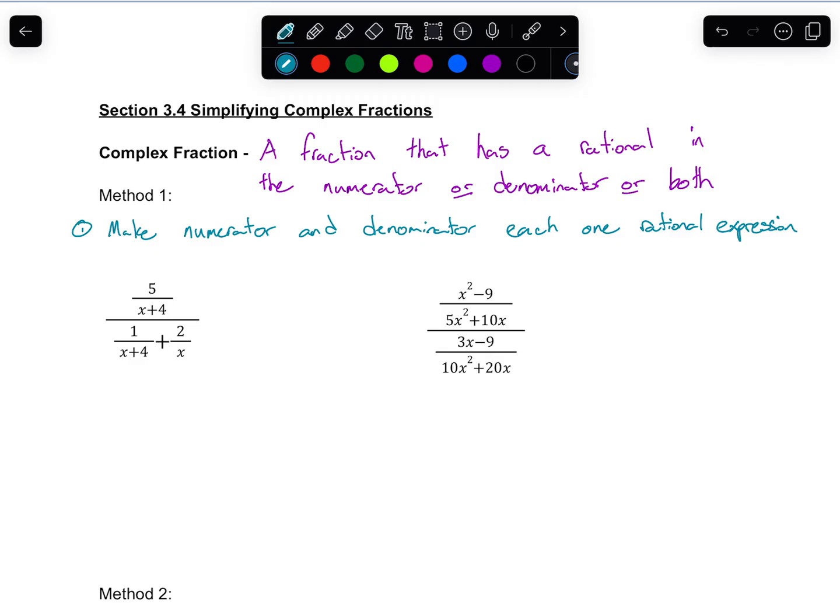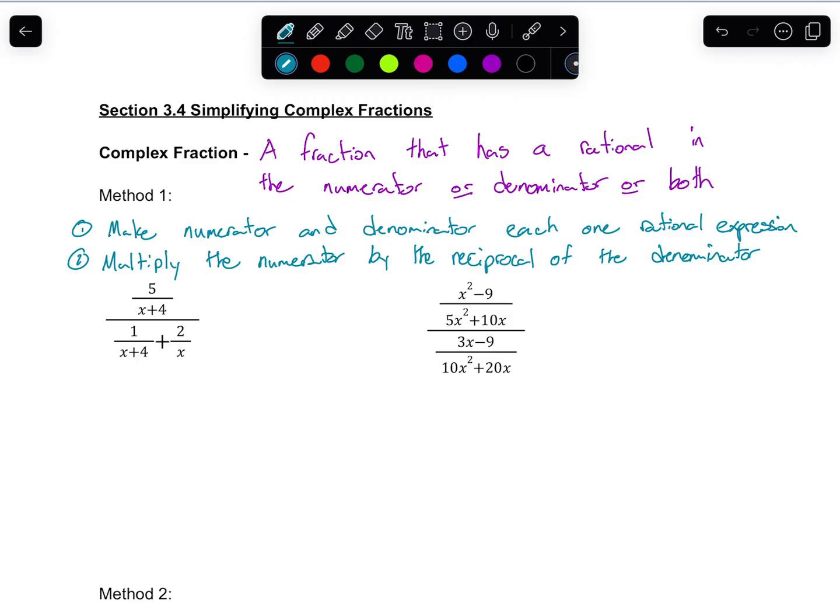And then we are just going to multiply the numerator by the reciprocal of the denominator.